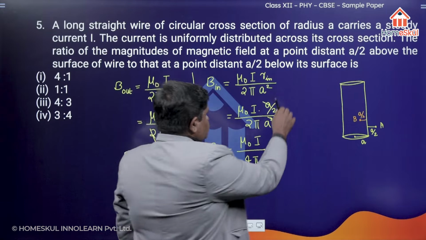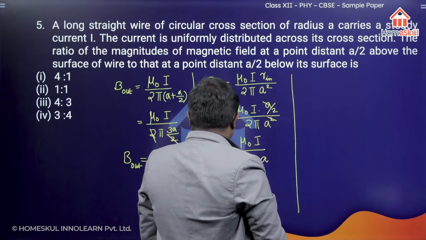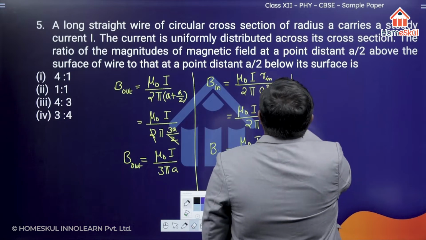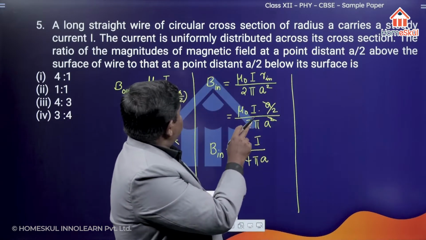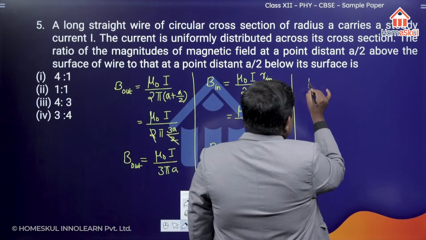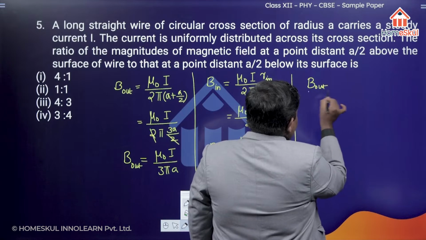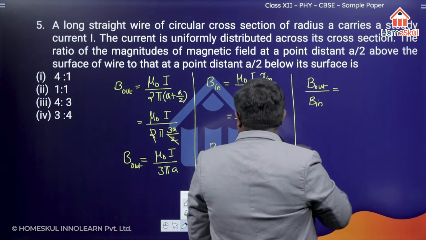Now we have to find out the ratio of the magnitude of magnetic field at the point distance A by 2 above. That means B out by B in. That is equal to B out. What is B out here?